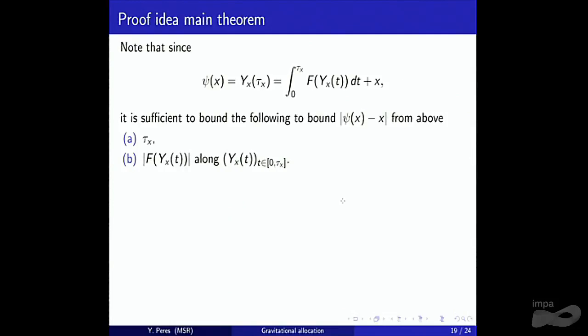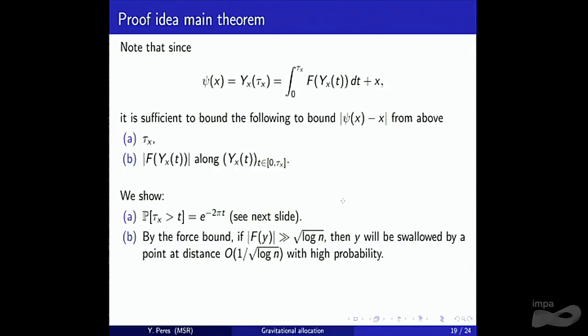But now let's look at the time. It turns out, as I hinted before, the time is of order 1, and indeed, it has exactly an exponential distribution. And that means that this whole integral will be of order root log n, because the integrand is root log n and tau x is order 1, so you'll get root log n.